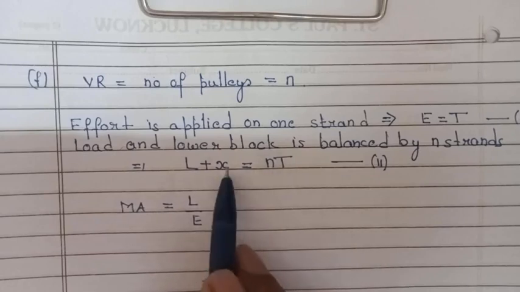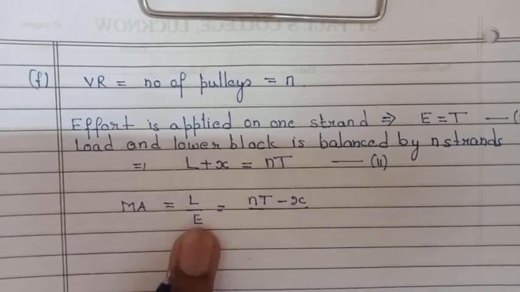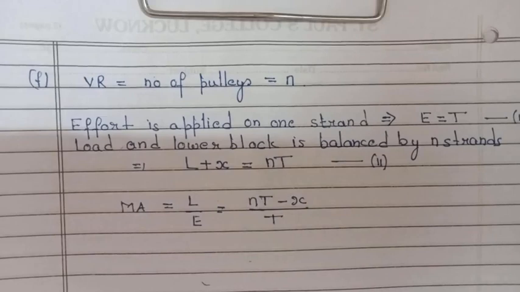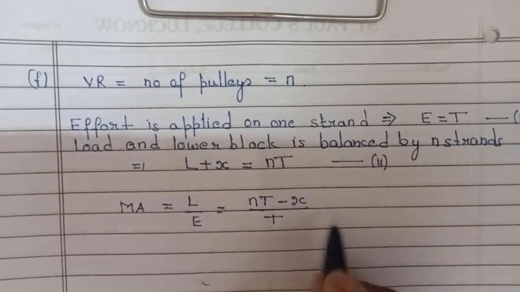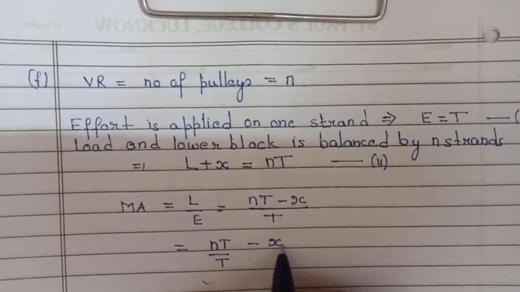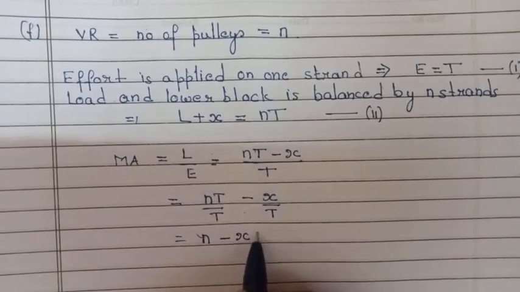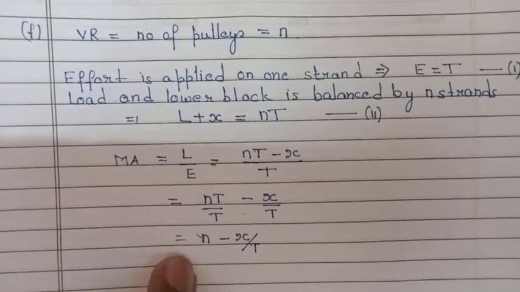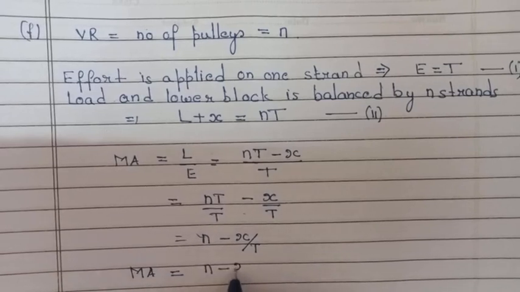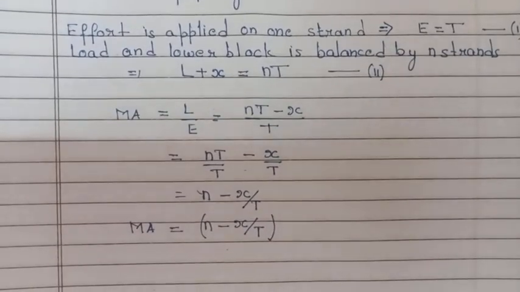So in place of load you can write nT minus x upon effort, and effort is equal to T. This can be written as nT upon T minus x upon T. T and T will cancel, so it is n minus x upon T. So you are getting mechanical advantage which is less than n. So this was required.